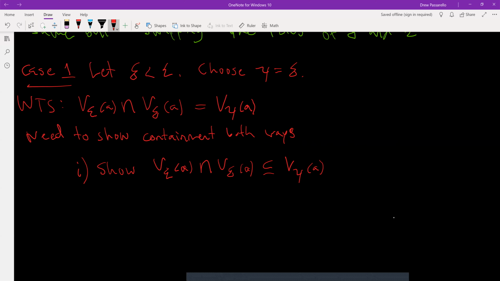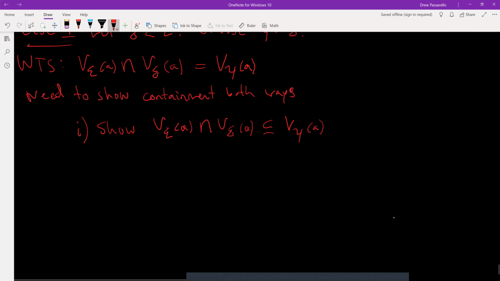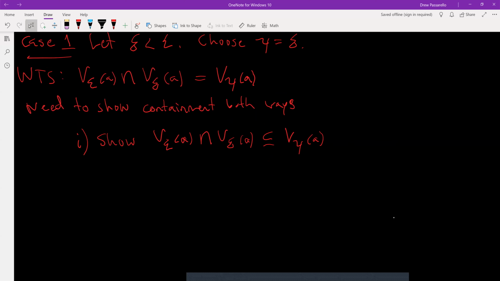Okay, so if I'm going to show this, I need to let some element be part of the set. So let x be in the intersection. All right, so what does that mean?